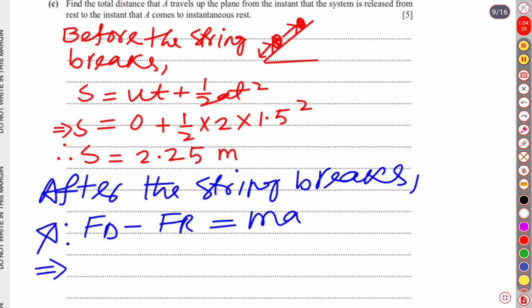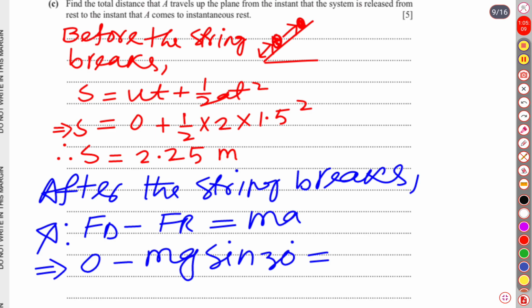So there is no more driving force. Look at it, when the string is broken, there is no driving force at all, and resistance to motion is, sorry, there is no tension at all. Mg sine theta, that means weight. Only weight is causing it to move downward.